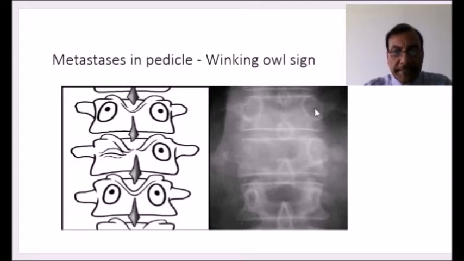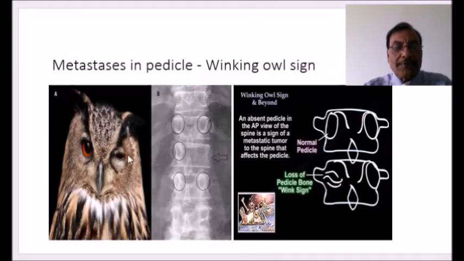So in these, two pedicles are open. Now this is open, but this has become closed. There is no pedicle here. And again, this pedicle is seen here. When one eye of the owl is closed, it is called the winking owl sign. And it is very pathognomonic of metastasis. You can see here the owl's eye has closed on this side.